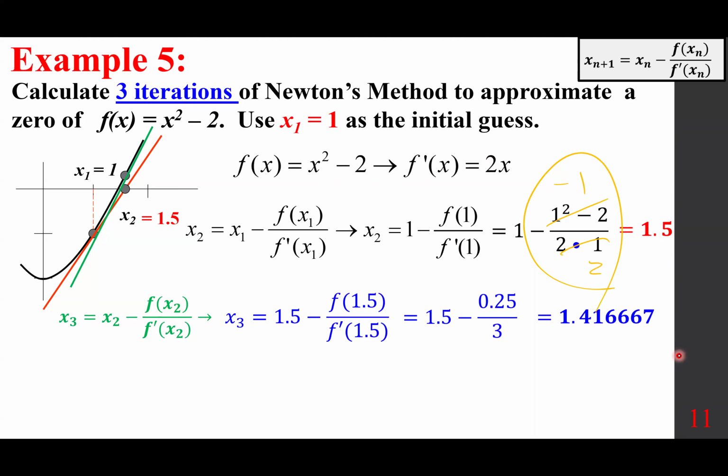Normally, they tell you how many decimals. So 1.416667. And we want to do one more because they said 3. They gave us 1. We need to do 3. So that means x sub 4 is x sub 3 minus f of x sub 3 over f prime of x sub 3. Now, this is what I mean. At this point, this number becomes tedious.